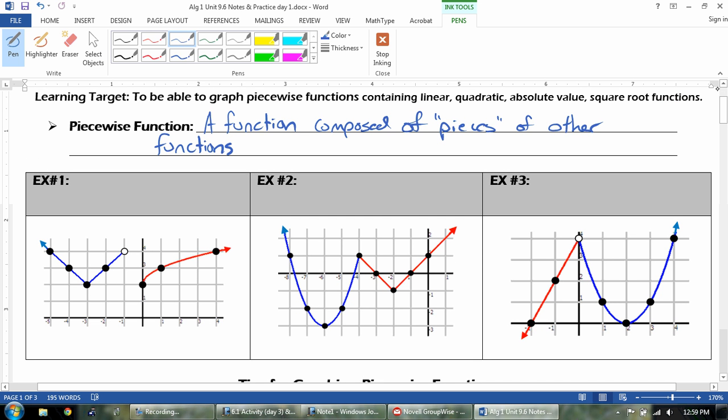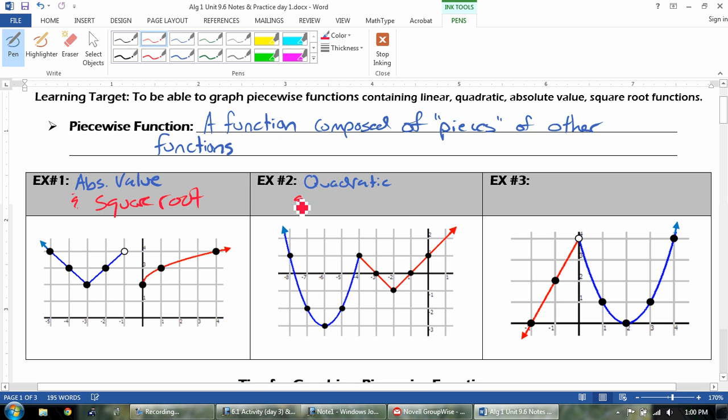You can tell that we have two different functions in each example. So if we look at example number one, in the blue, that is an absolute value graph. But then in the red, we have a square root. All right, now let's look at the next one. In the blue, that's a quadratic.